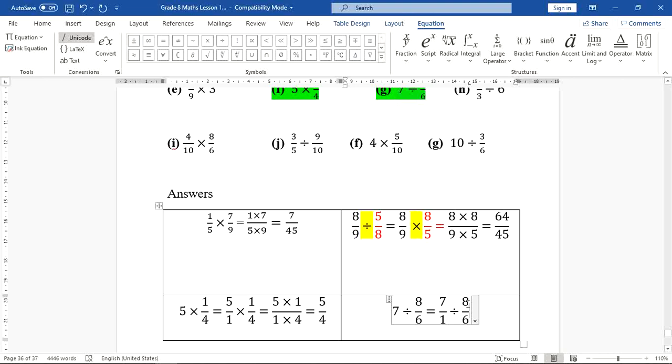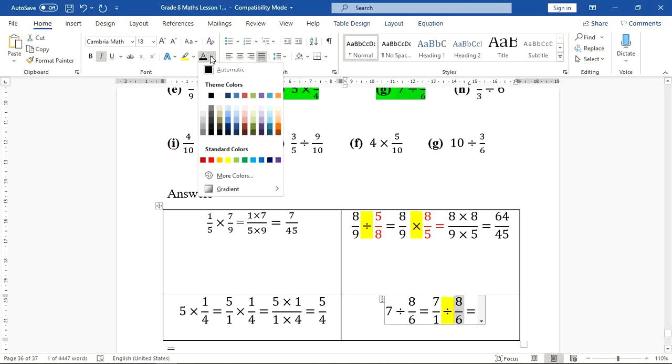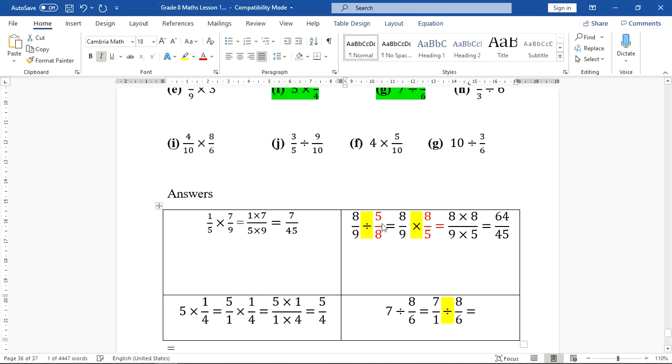Okay, and then after that, we change the sign and we find the reciprocal of the second fraction. So we're going to change this to multiplication. Let me just put it in yellow. And we are going to find the reciprocal of 8/6. Okay, let's do that. So we keep 7/1 as it is.